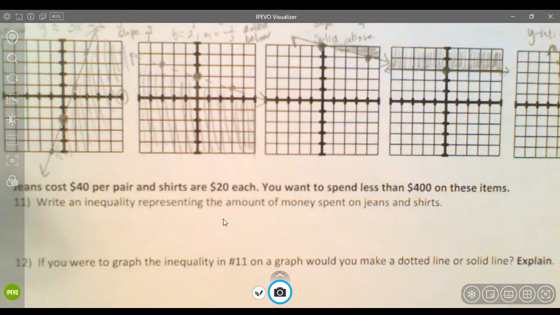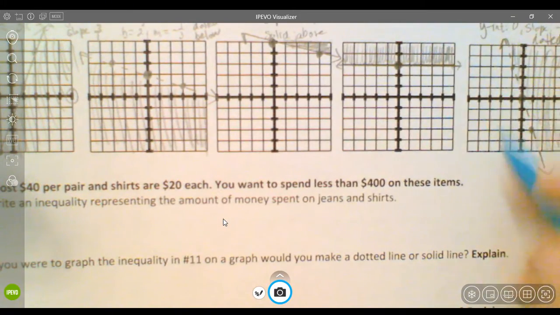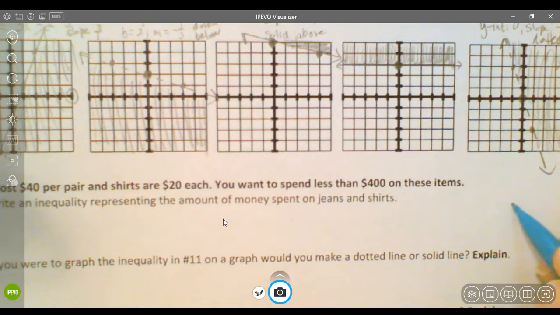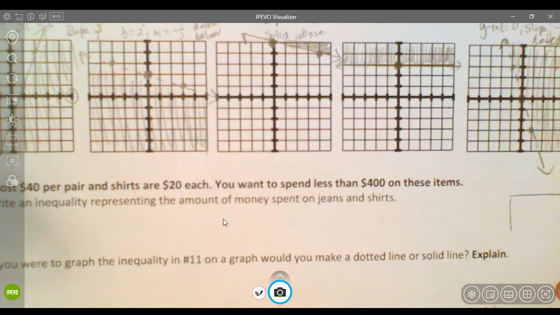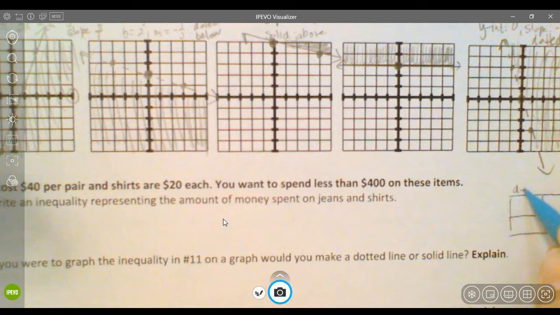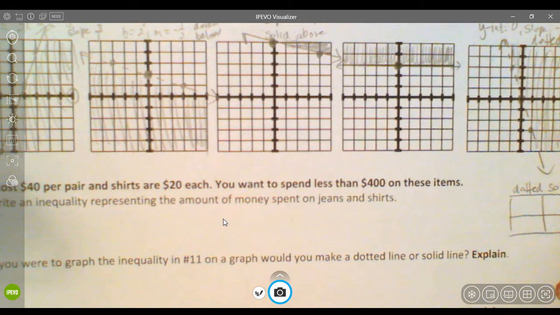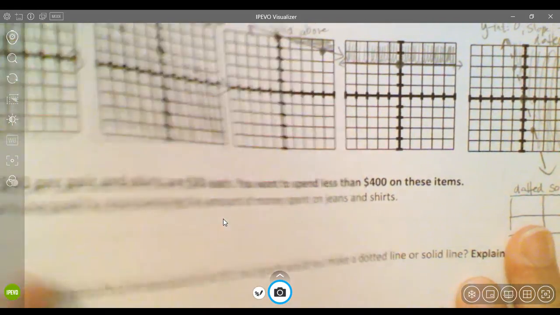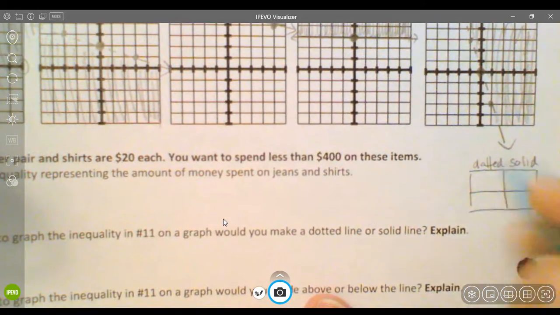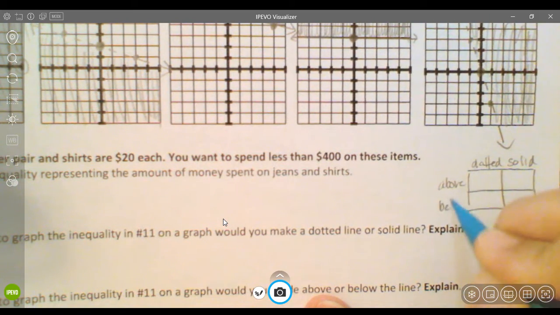All right, we got to end with a word problem. Actually, let me end with a summary. So to summarize graphing, here's what we're going to do, okay? You have options here. You can either have a dotted line or a solid line. You could shade above or you could shade below.